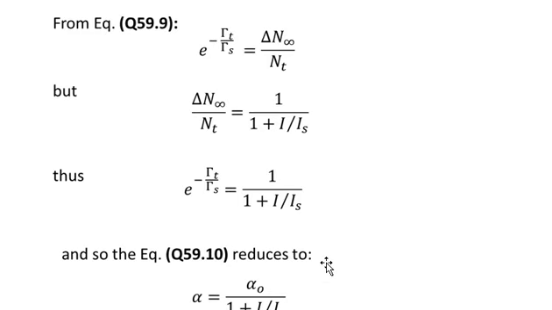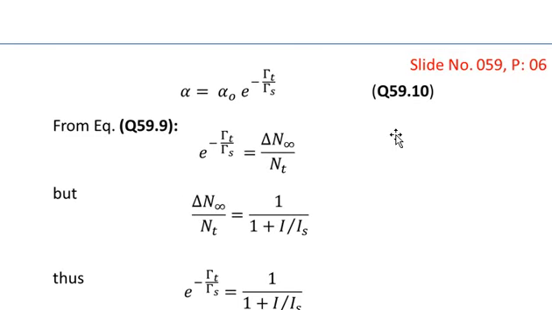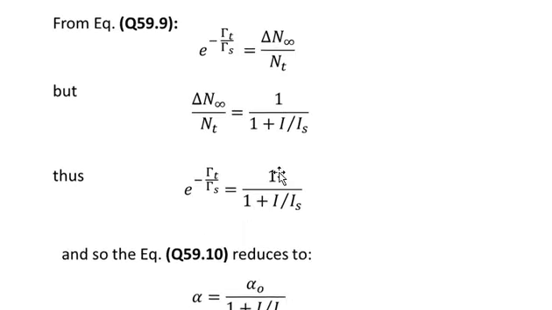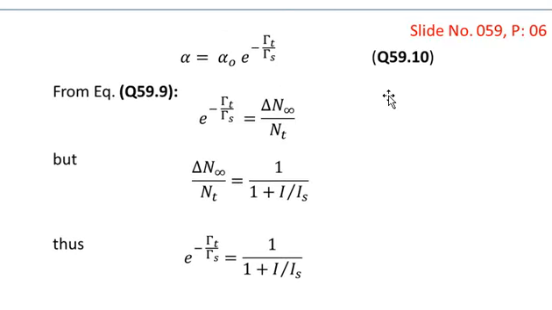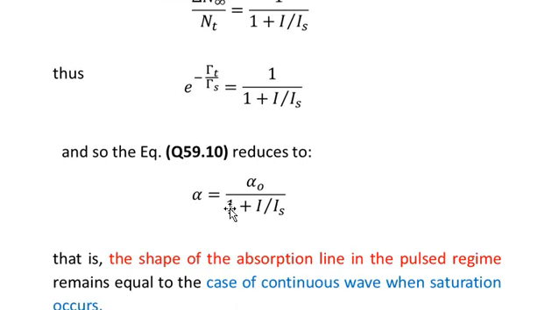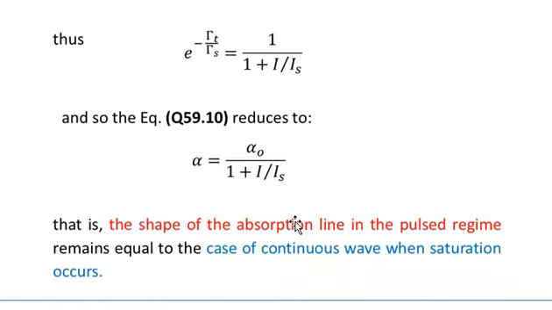So equation number 10 can be written as, replacing e to the power minus gamma t over gamma s from this equation, alpha is equal to alpha naught over 1 plus I over Is. And you see that this is the same relation we have derived earlier for the continuous case.